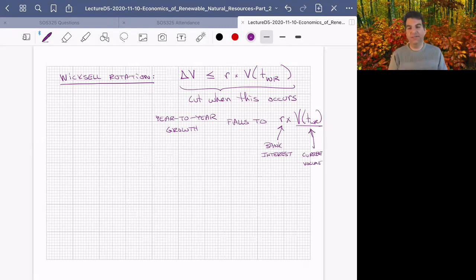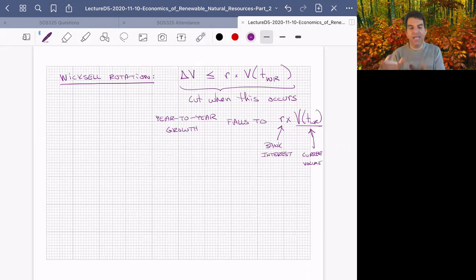So that is our delta V interpretation of the Wicksell rotation, is that we take the current volume as the capital asset, and delta V is how much additional interest you're getting from leaving it as a forest, and R times V is going to be the additional interest you get by converting it all into dollars and putting it into the bank. That's the Wicksell rotation.